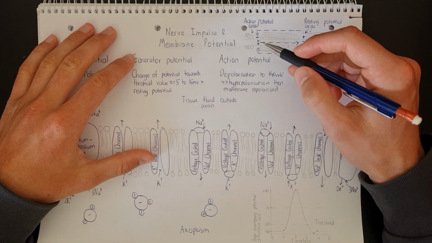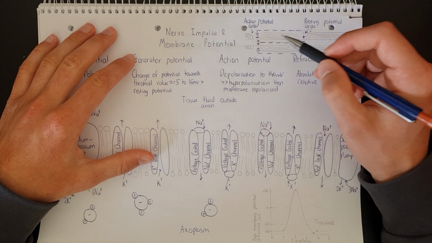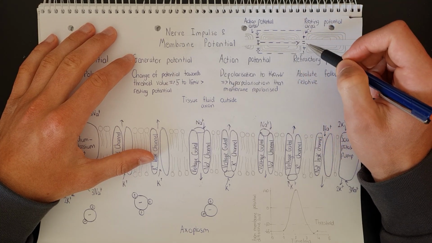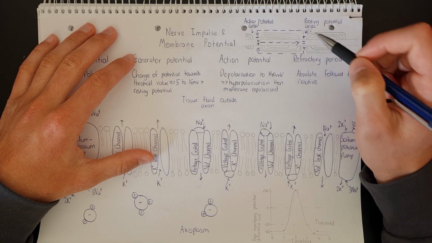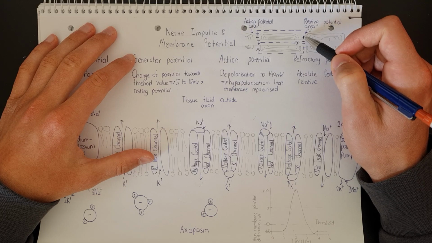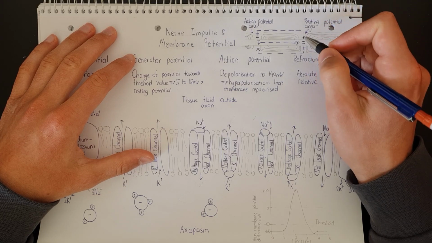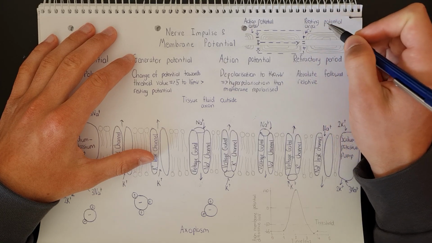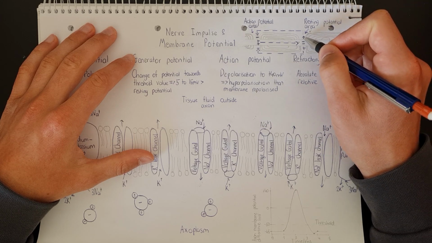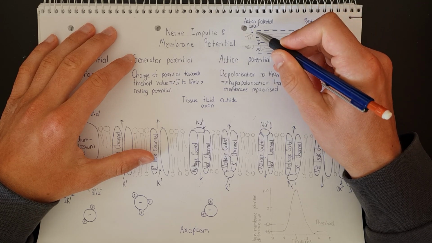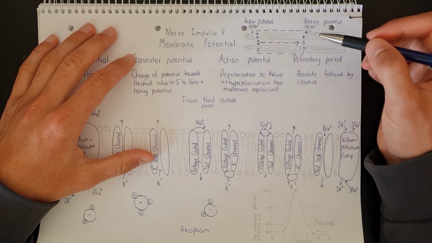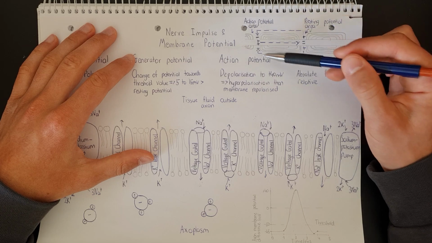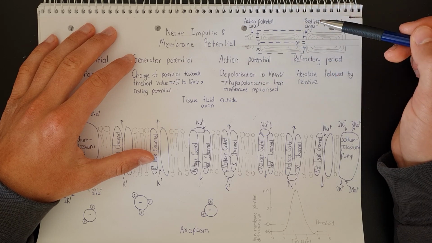Now, as the positive ions move to a negative region within the axon, so do the positive ions outside of the axon. So the positive ions in that resting potential area will move to the more negative region at the action potential area. Okay, and so we can see that a local electrical circuit is being set up.